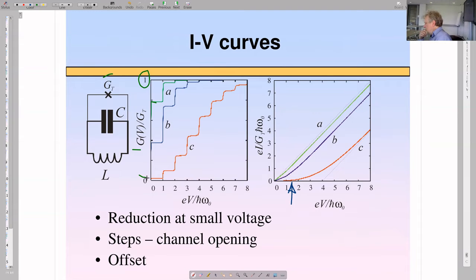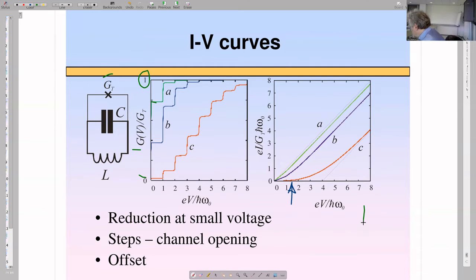If the average number of photons is large, then if we increase voltage, we give the possibility to tunnel with emitting one quantum.